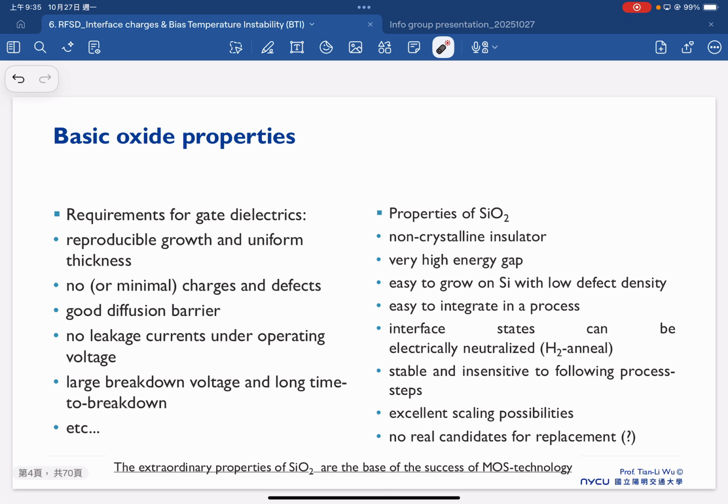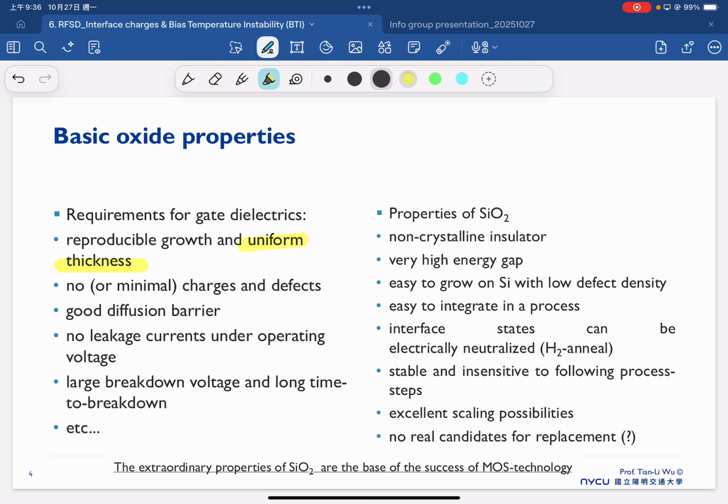First of all, we have to understand the requirements for a good dielectric. First, it has to be reproducibly grown, and very importantly, have uniform thickness. That's a very important part of what we call a good dielectric.